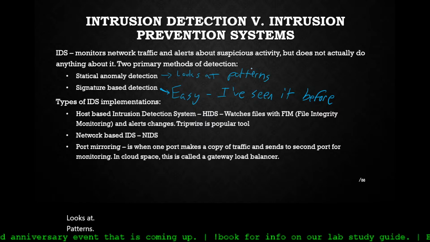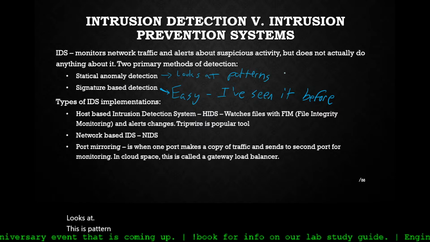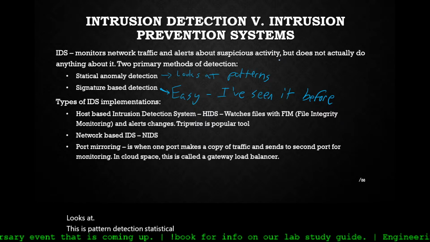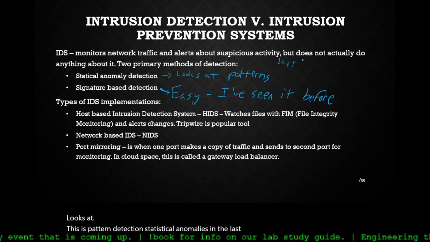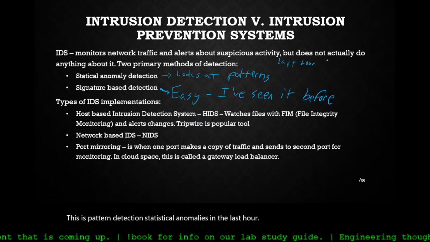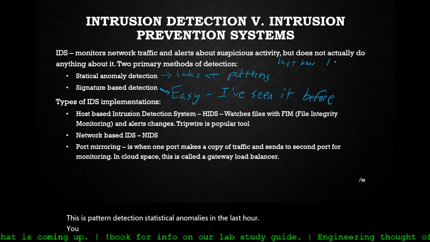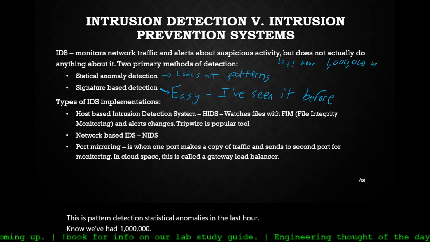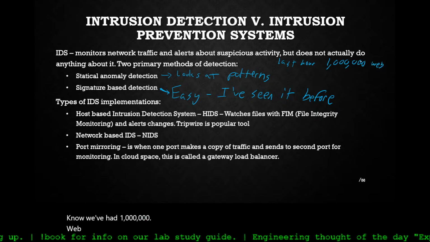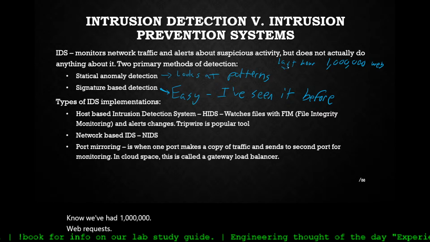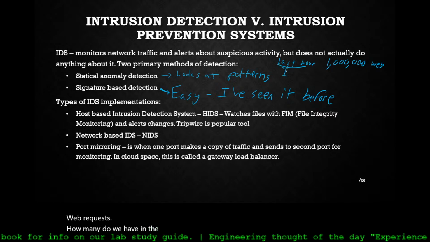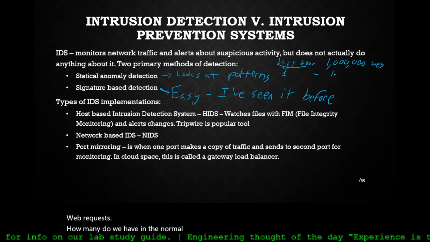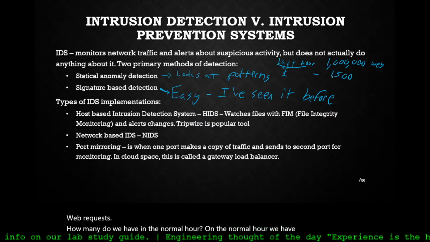This is pattern detection. Statistical anomalies. In the last hour, we've had 1 million web requests. Well, how many do we have in the normal hour? Well, in the normal hour, we have about 1,500.